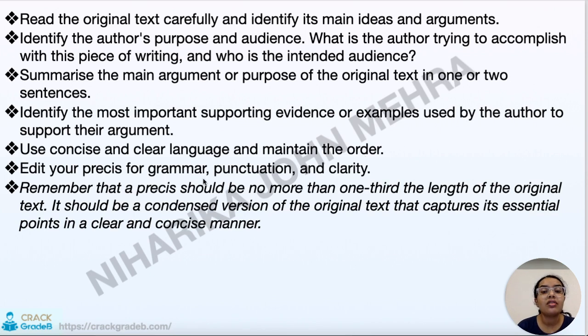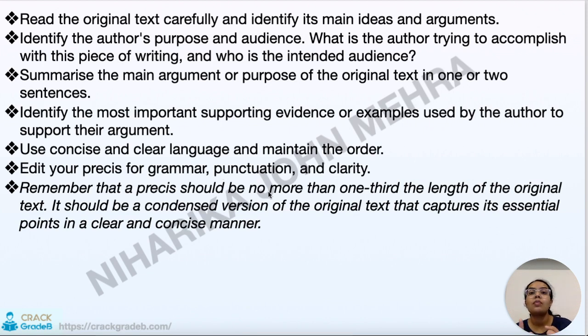Of course, grammar, punctuation, and clarity, even for essay writing we get to see this. This is for your essay writing, this is for your precis writing, this is for the answers which you have typed for RC. Your language, whatever you're writing, should be grammatically correct. I believe you might already have covered a grammar course in the initial stage of your exam preparation.